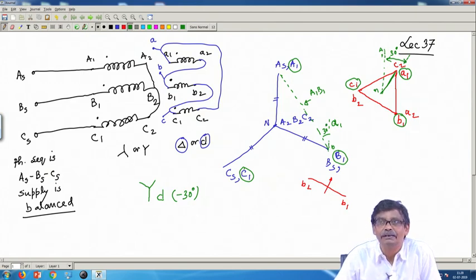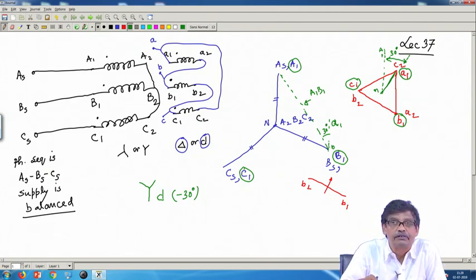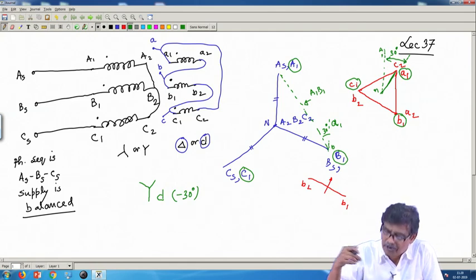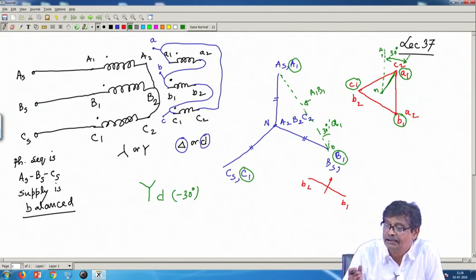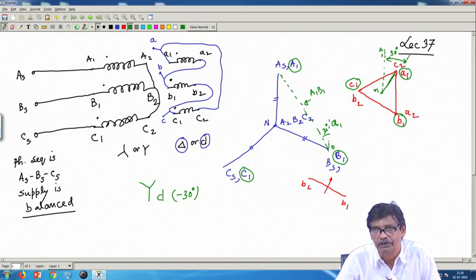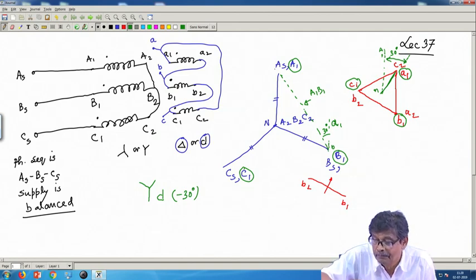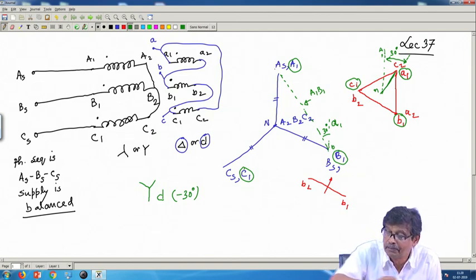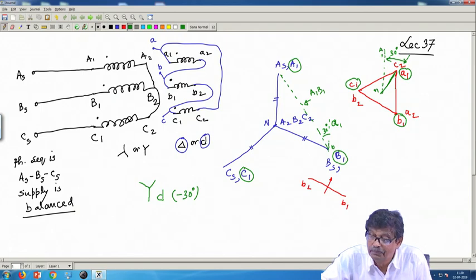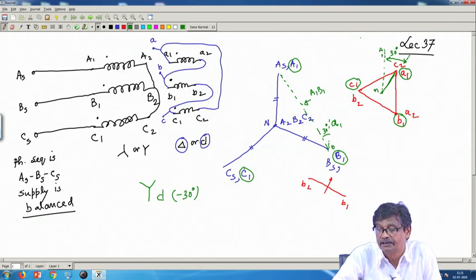Not only the phase voltage with respect to the neutral or artificial neutral will lag, which also means that line to line voltages too will be lagging by the same amount. This point you must understand, because this is A1 B1 line to line voltage on the primary side, and your small a1 b1 becomes the same line to line voltage that lags.